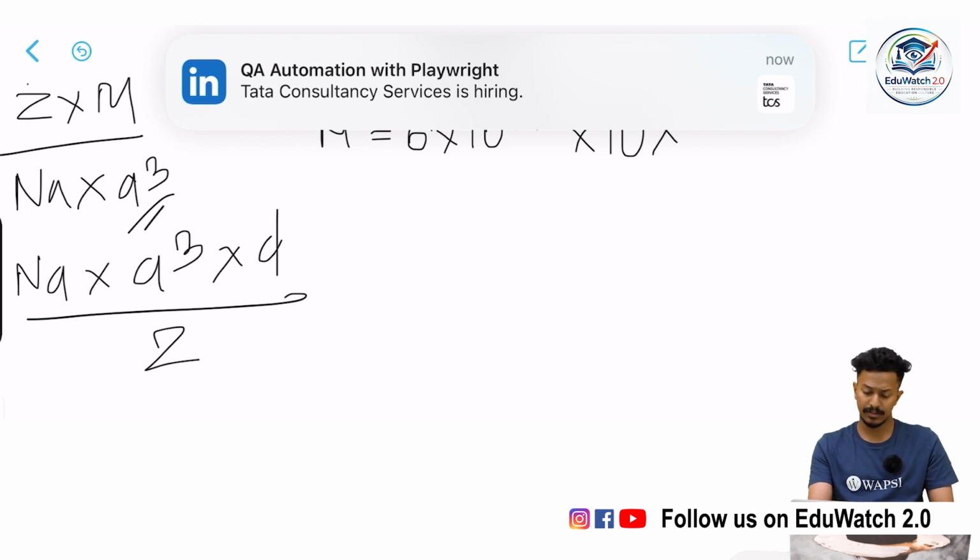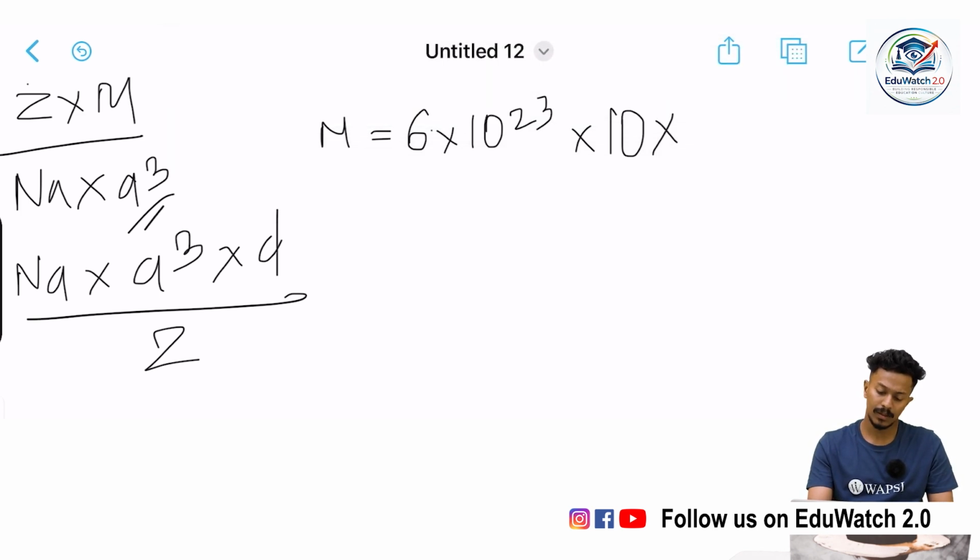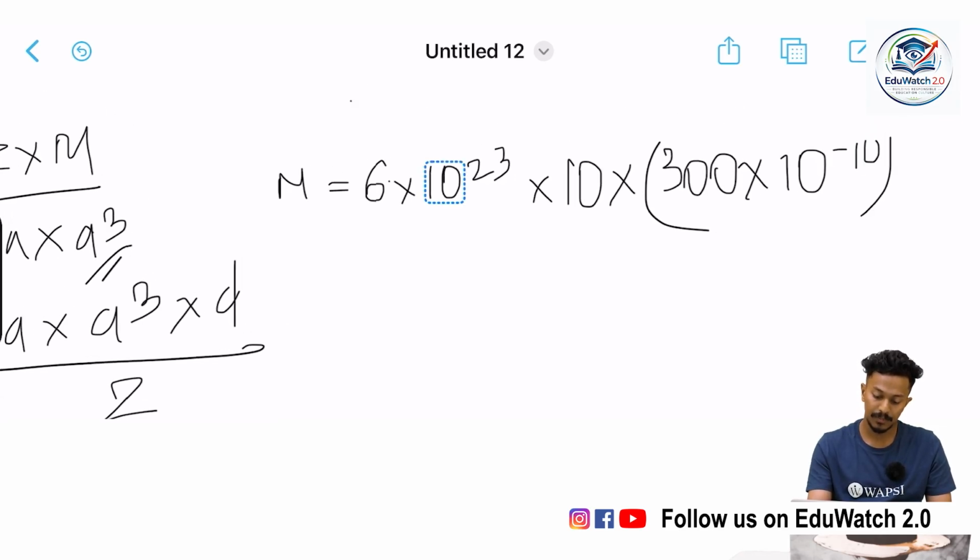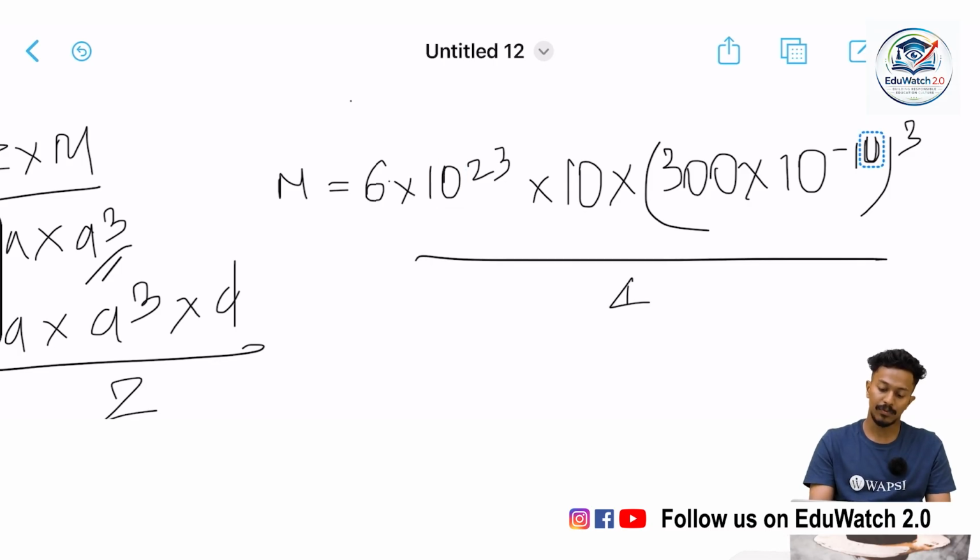We could write that as 300 into 10 raised to minus 10 whole cube, divided by 4.